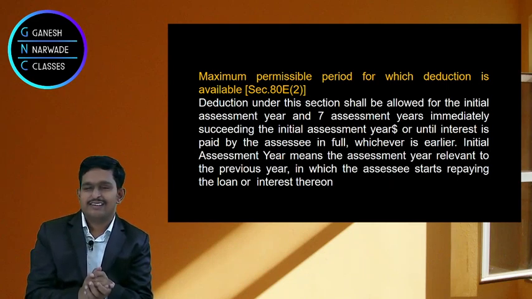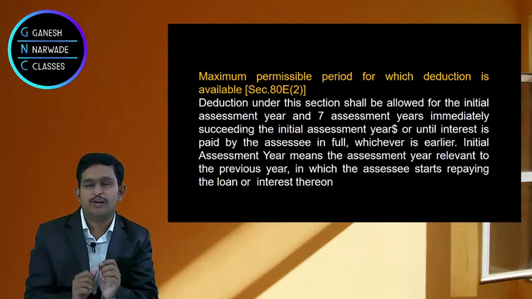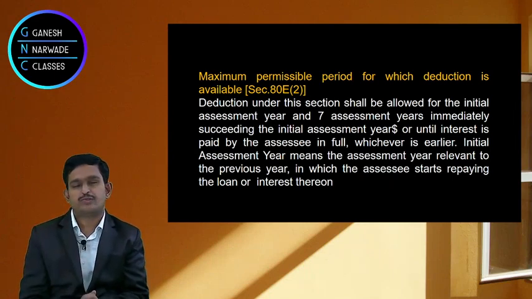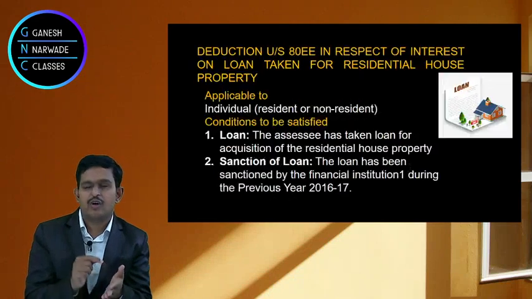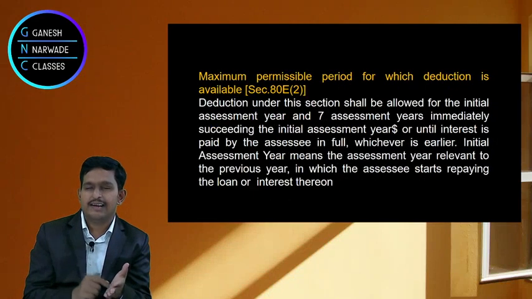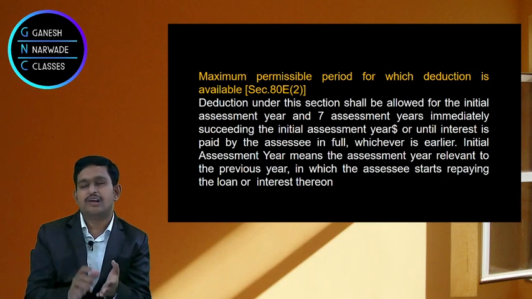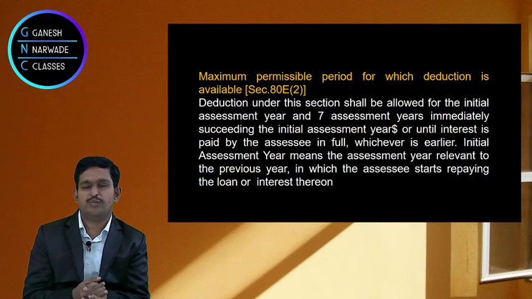Absolutely right. You are so intelligent here. Excellent. So deduction is allowed for a period which is the earlier of the following two: the period for which you are paying interest, or 8 years, whichever is earlier. Simple, clear. Education loan.